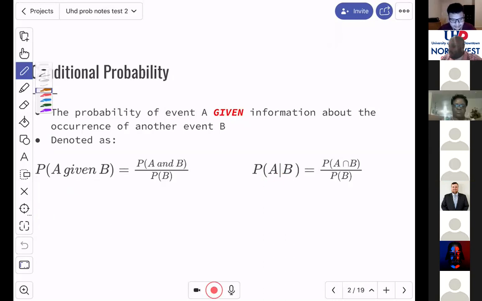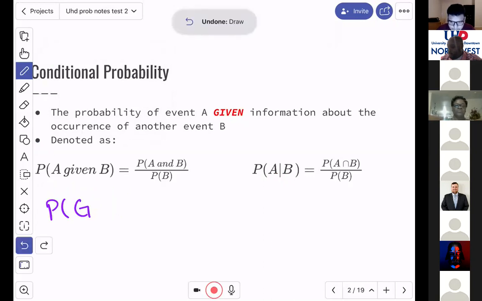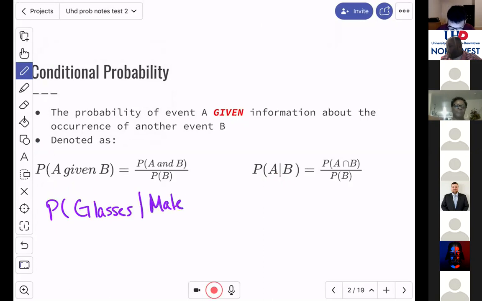In this case, I'm saying the probability that you wear glasses, given that you are a male. Let me write those out so we know what those are. The probability that you wear glasses, given that you're a male. Again, who am I interested in?